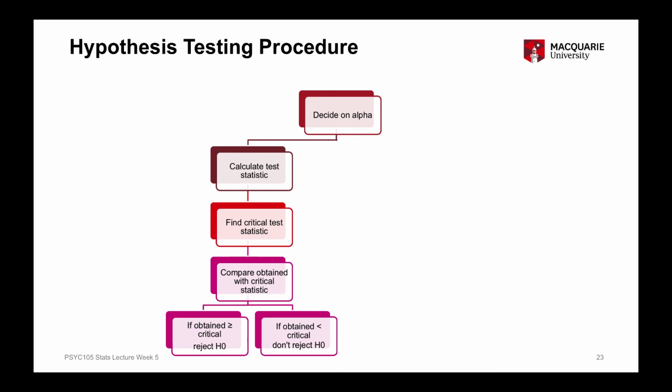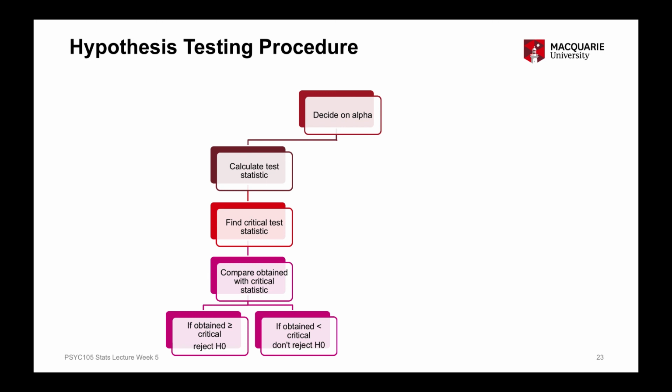We then find the critical test statistic, which is the value of the test statistic that corresponds to our critical alpha level. And we compare the test statistic value that we've obtained, our actual calculated test statistic, with that critical test statistic, and we see which one of those two numbers is bigger.